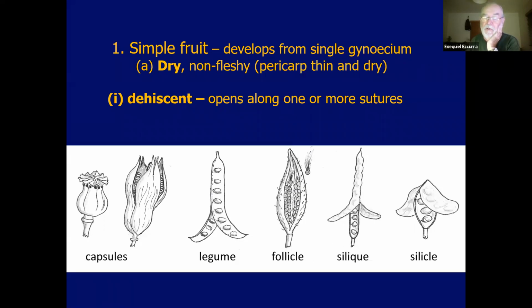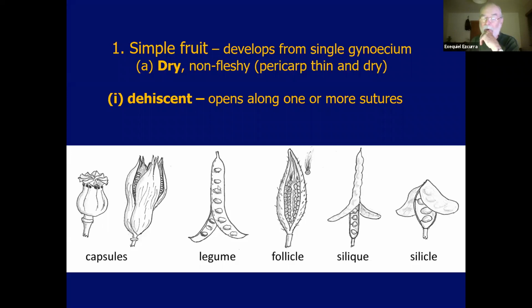And then there are two fruits that are the distinctive fruit of the cabbage family, the Brassicaceae. One, the most common fruit, is known as the silique. Externally, it looks very much like a legume.